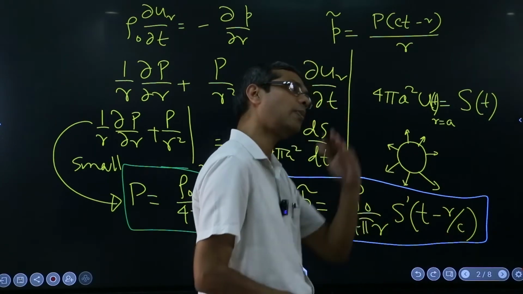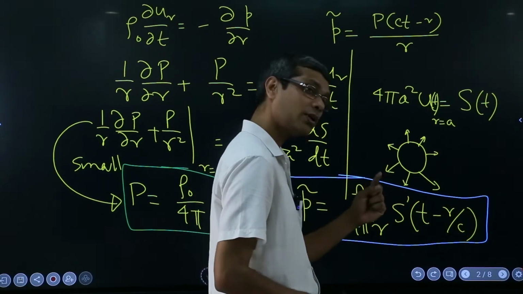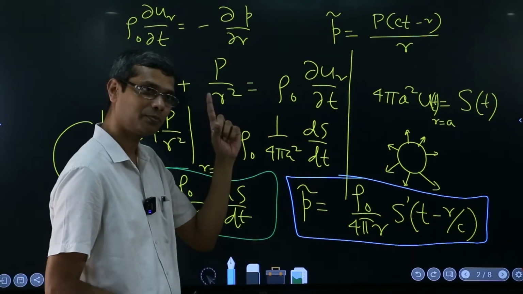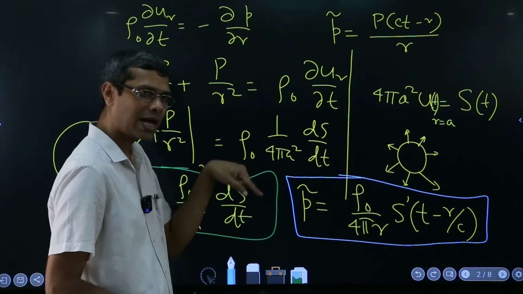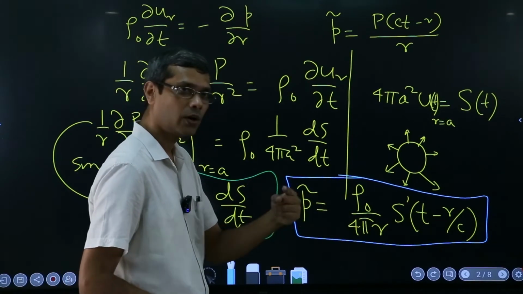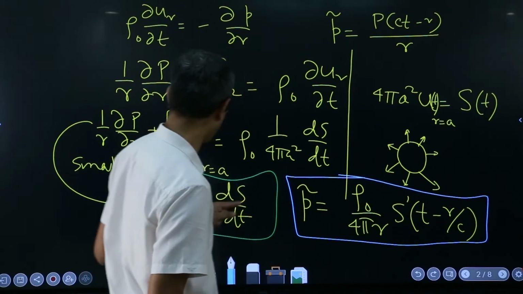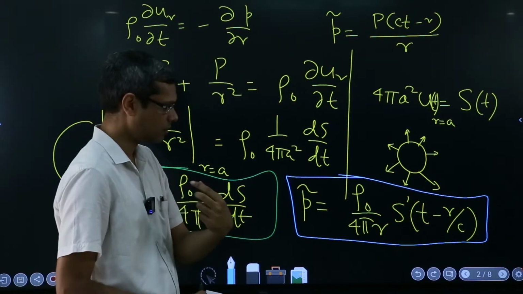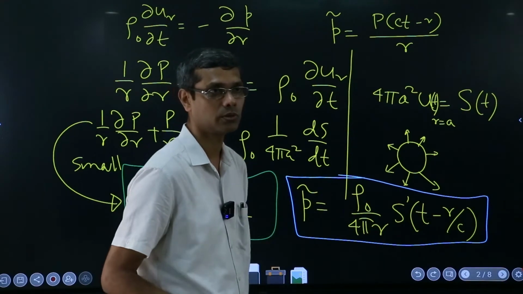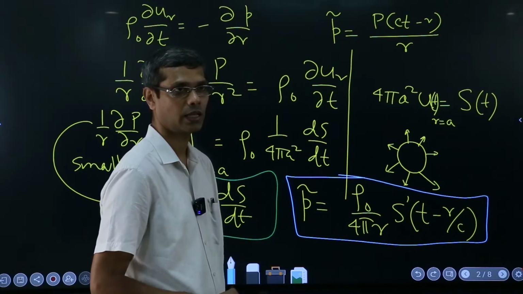Now I'll go back to see what was the time derivative of s at that time, because that would have created the amplitude, right? And so that gives me this p at r, and then this 1 over r is the reduction in the amplitudes. Is it clear?